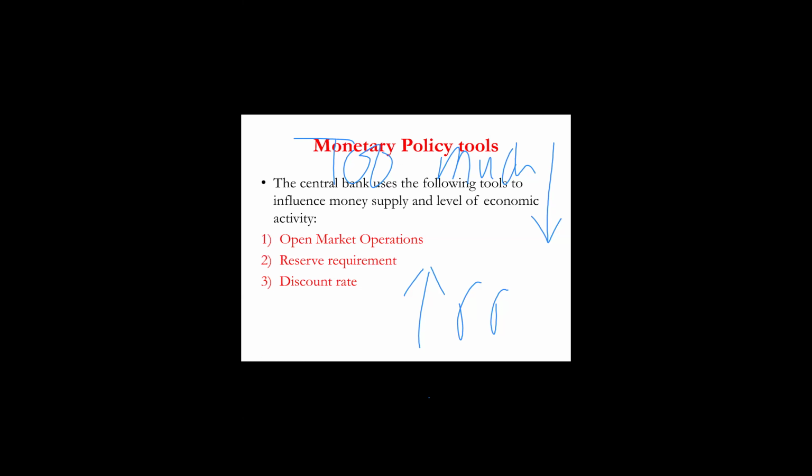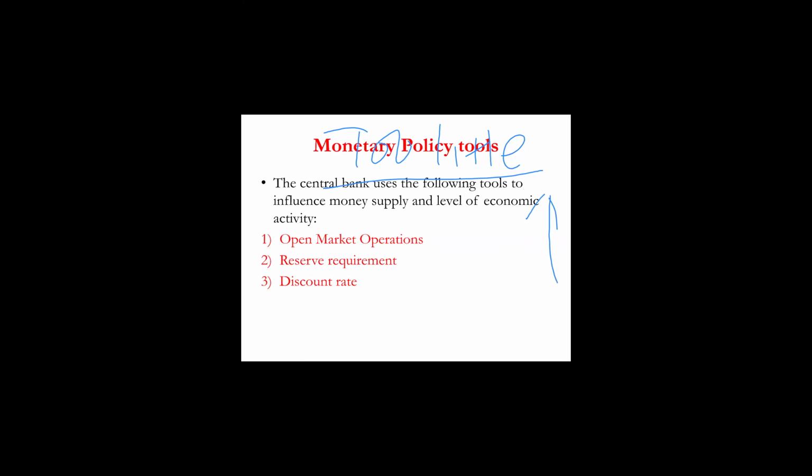So basically that's that. Okay, what if now there is too little money in circulation? All right. We want to increase the supply of money. What do you do? You reduce the reserve requirement ratio. Because when you reduce the reserve requirement ratio, what you're saying is that you're reducing how much the banks can keep to meet the deposit withdrawals.